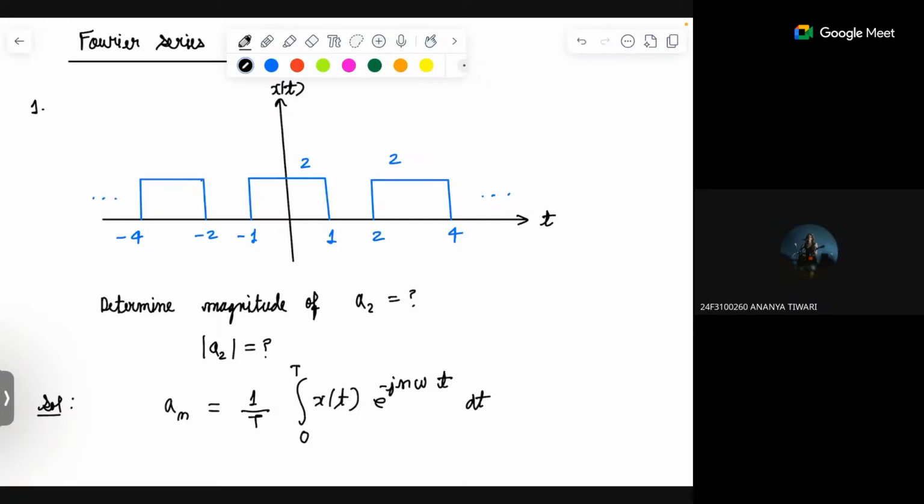Ma'am, is it j n omega written? Yes, yes. Minus j n omega t. So using this formula, first you will calculate An. Once you have the expression for An, you will put n equal to 2.